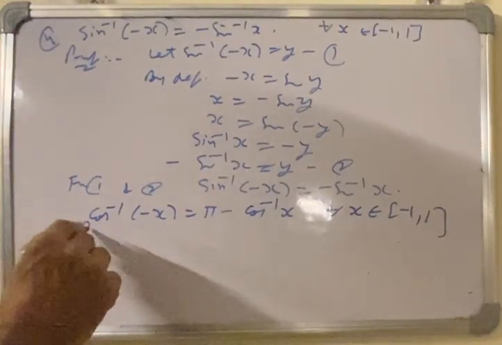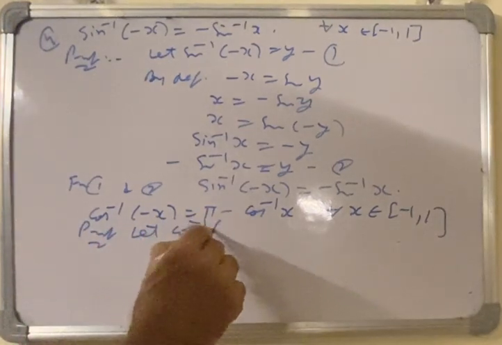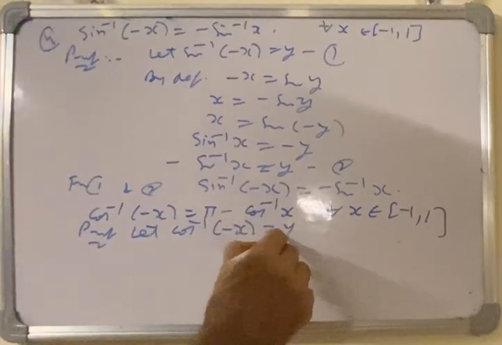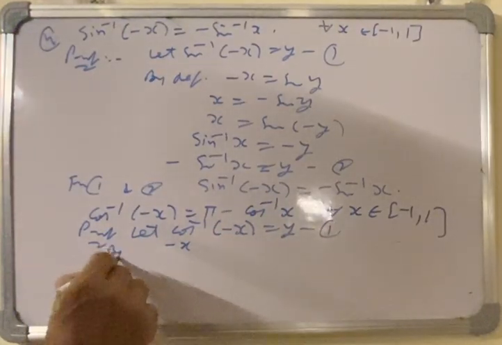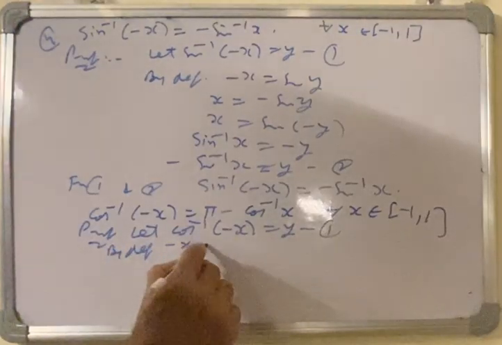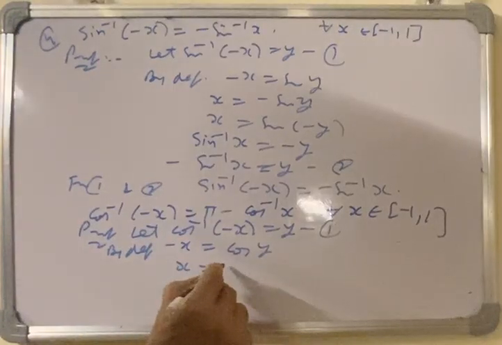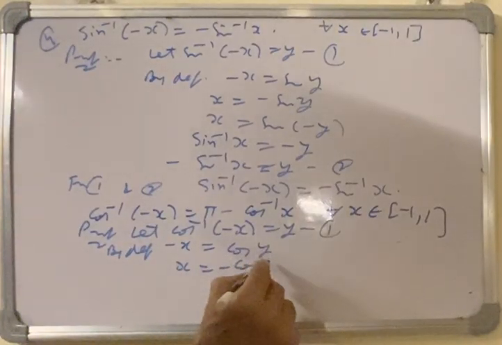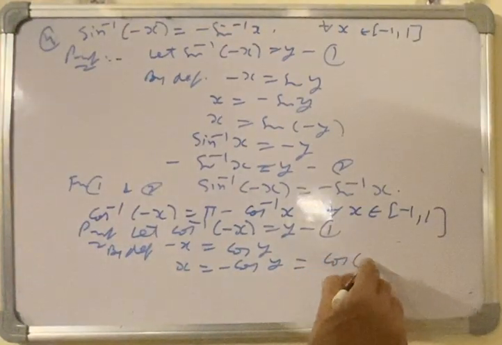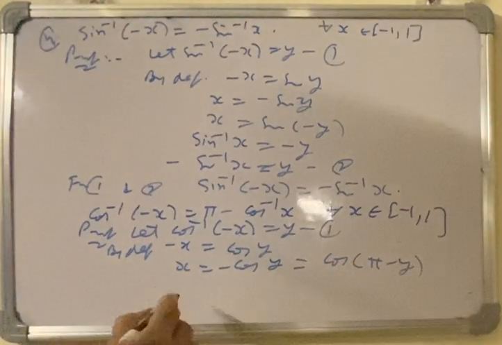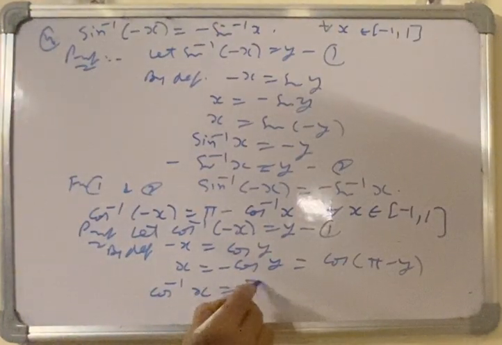Proof: let cos inverse minus x is equal to y. Number 1, by definition, minus x is cos y, x is equal to minus cos y, which is cos of pi minus y. Again, by definition, cos inverse x is equal to pi minus y.